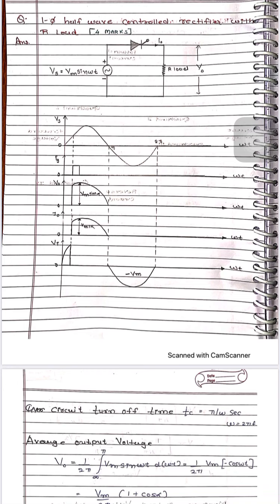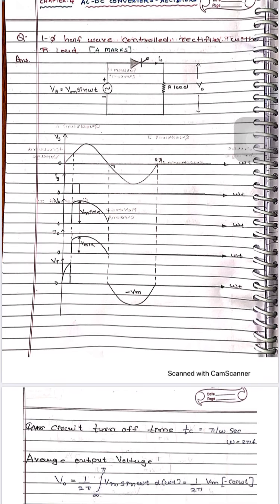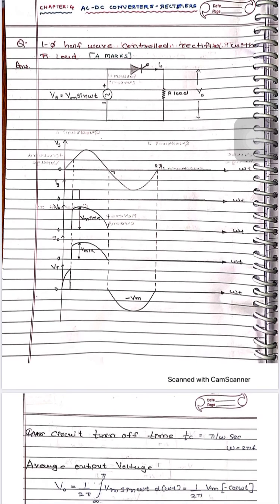A question that may arise in the GTU exam is a single phase half wave controlled rectifier with resistive load. Basically, we have three kinds of load: resistive, inductive, capacitive, or a combination such as RL, RC, RLC, according to the application where we need to use a converter.